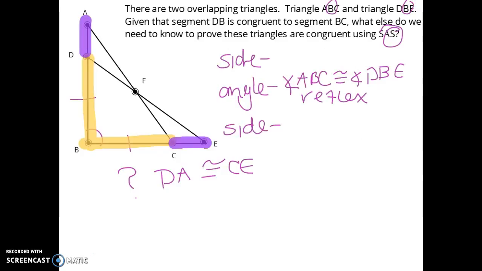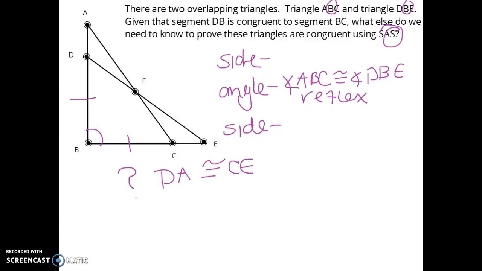Now this shape is very complicated. There are two overlapping triangles. Looking at the two overlapping triangles, we're trying to prove using side-angle-side that they are congruent, but we will need some additional information. Well, we already can deduce, or we're given, that DB is congruent to BC. That's a given.